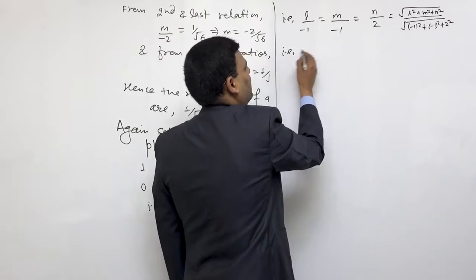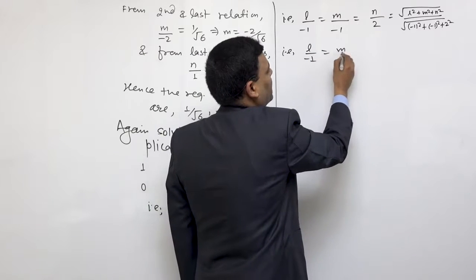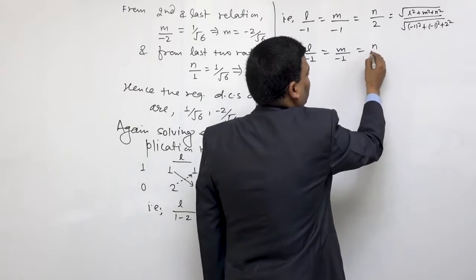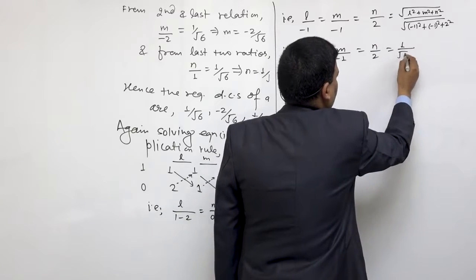That is, L upon minus 1 equals M upon minus 1 equals N upon 2 equals 1 upon root 6.